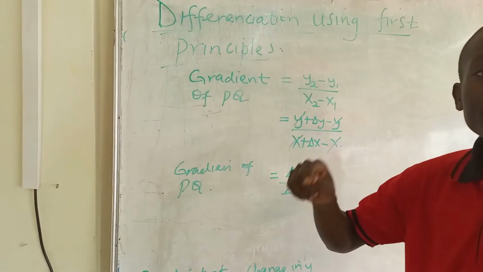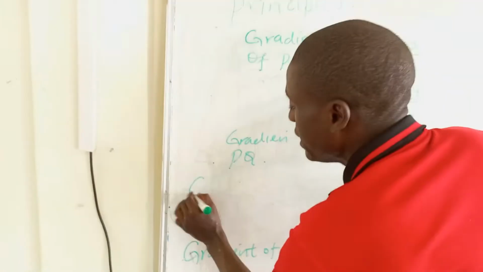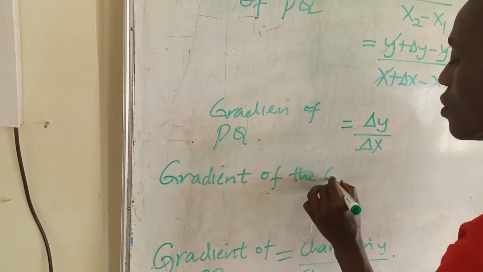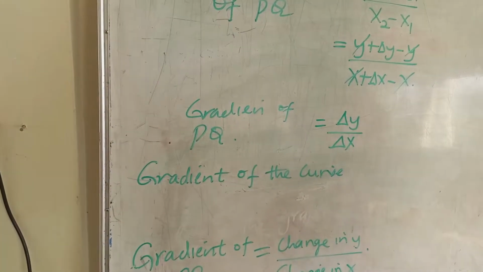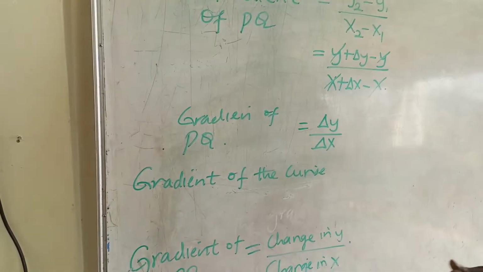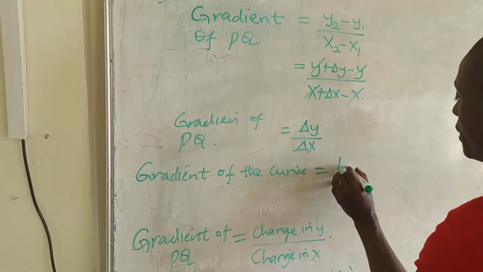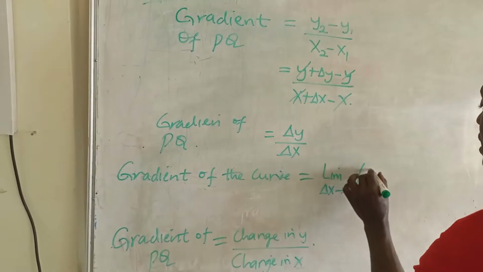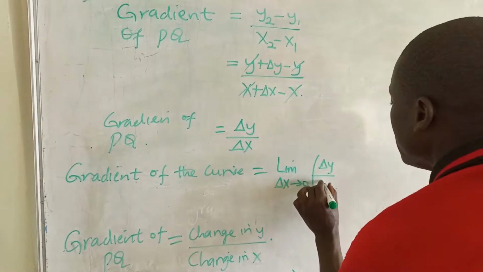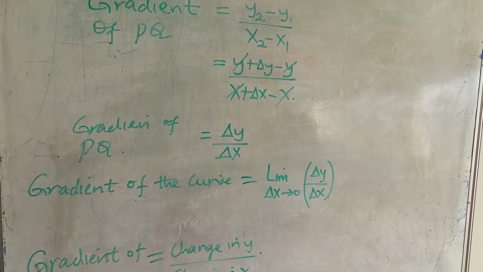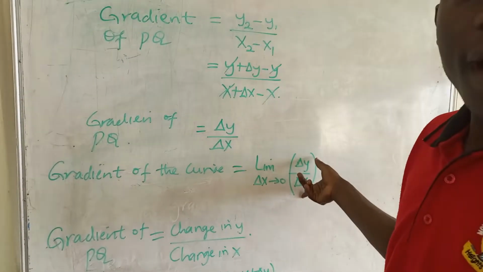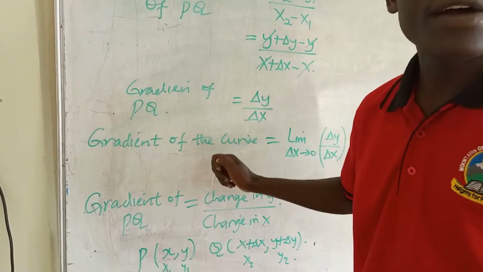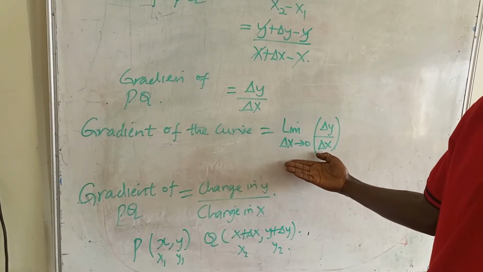Now, if I want the gradient of the curve, it is the same as the limit as the change in x tends to 0, then dy divided by dx is the gradient of the curve. Therefore, by first principles, to find the gradient of a curve, we normally follow this notation.